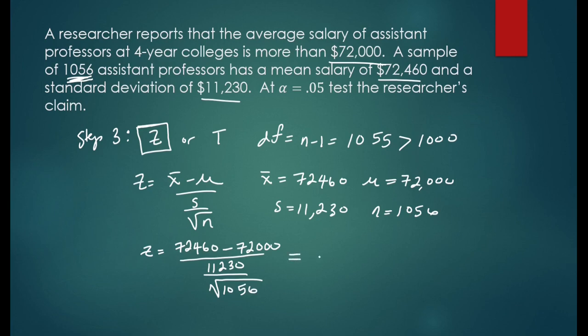This gives us a Z statistic of 1.331. If you're having trouble getting this output of 1.331, make sure you put parentheses around the numerator and parentheses around the denominator so that you get the output of 1.331.